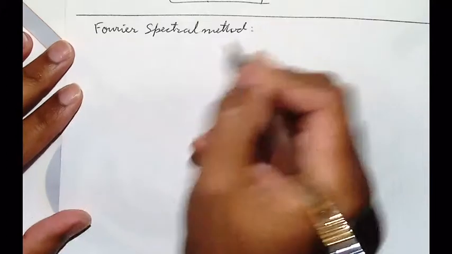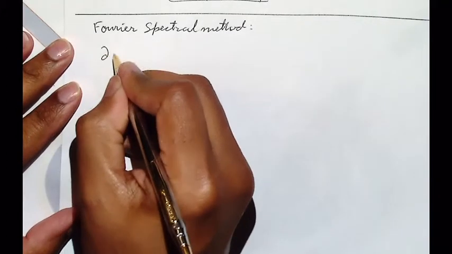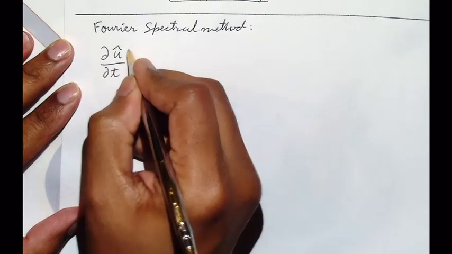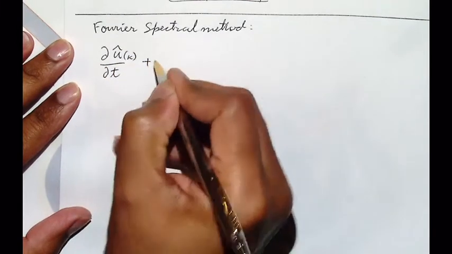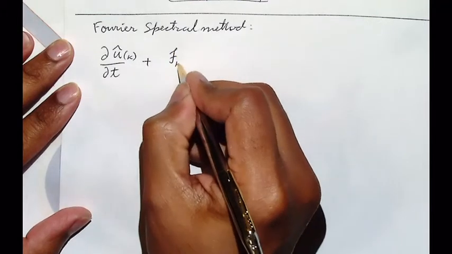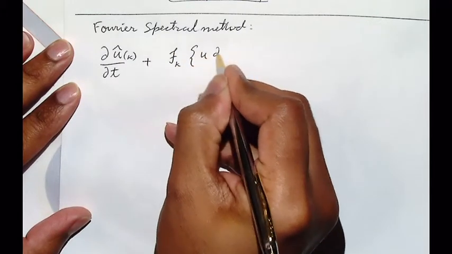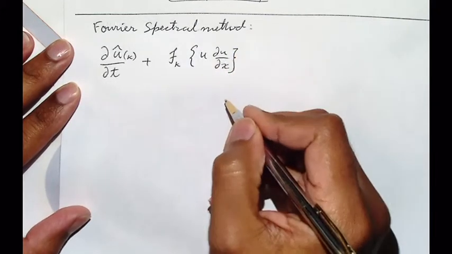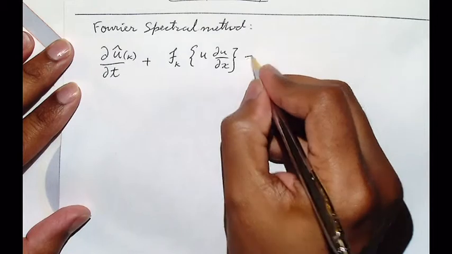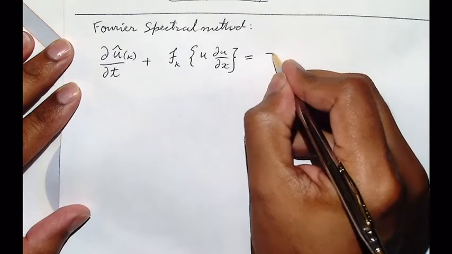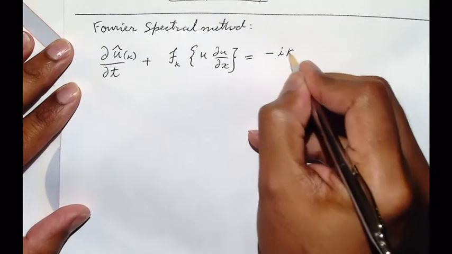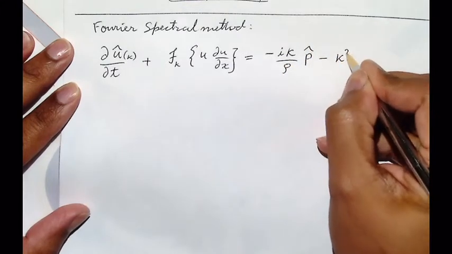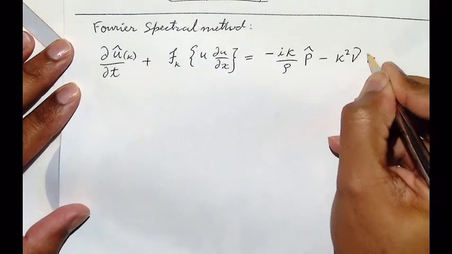Where the momentum equation looks like: del u hat of kappa by del t plus the Fourier transform of u del u by del x equals minus i kappa over rho p hat minus k squared mu u hat.